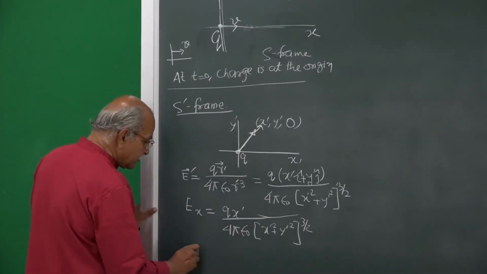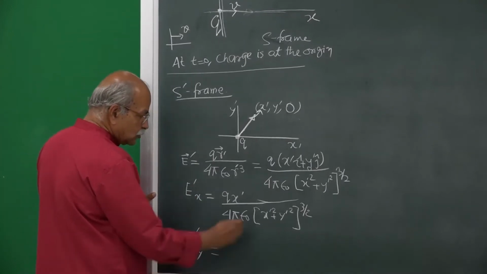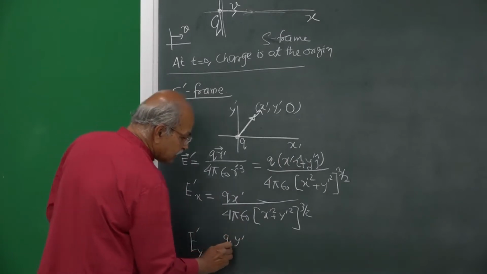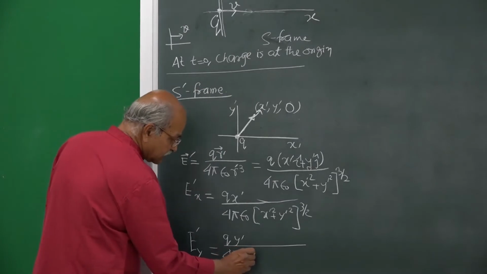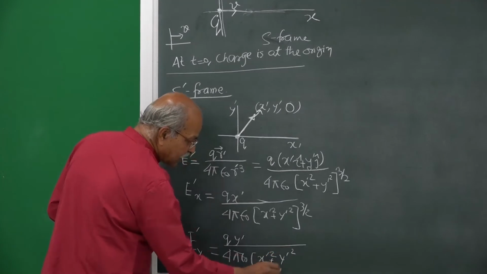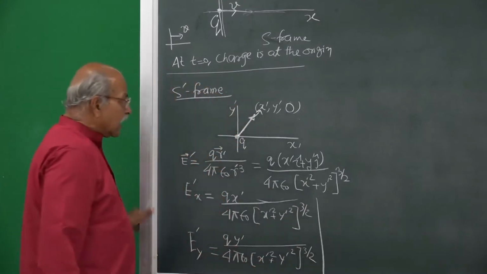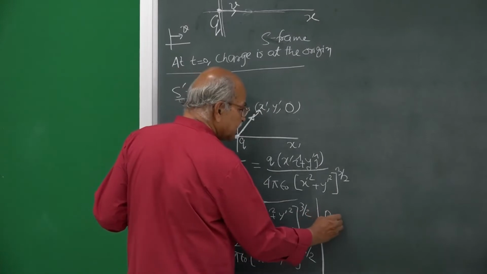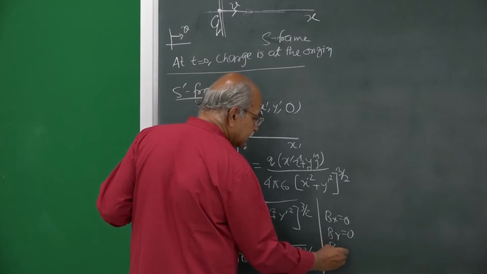Similarly, Ey prime will be equal to q y prime then divided by 4 pi epsilon naught, x prime square plus y prime square power 3 by 2, and there is no magnetic field. This charge is at rest. So, B is 0. So, Bx is 0, By is 0, and Bz is also 0.